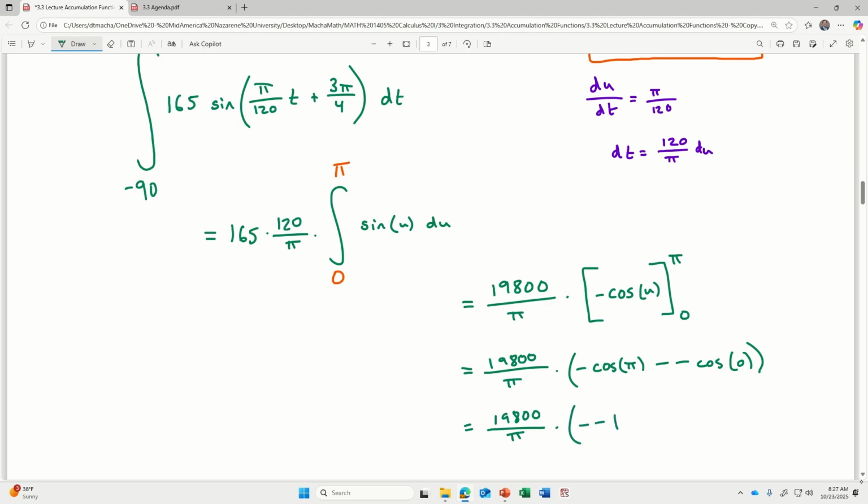Cosine of pi is negative 1. What's cosine of 0? Cosine of 0 is 1. So we've got negative 1 minus negative 1. That's going to be 2.